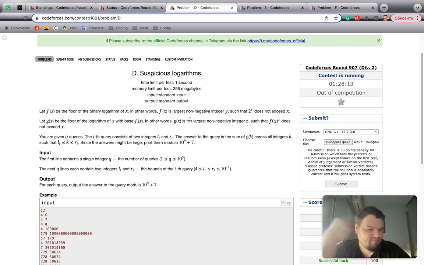So now we have divided the whole domain, or all the possible x's, into at most 2 logarithmic many segments. On each segment the value of the function g is constant. So for each query we just intersect the given segment with all the segments we have and calculate the sum that way.